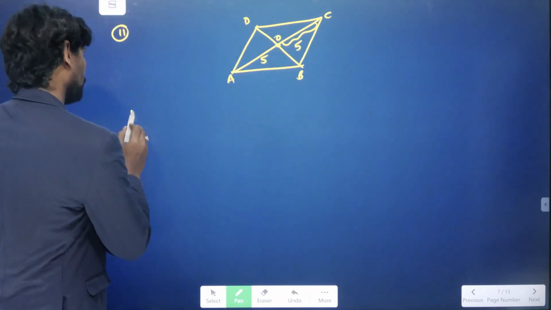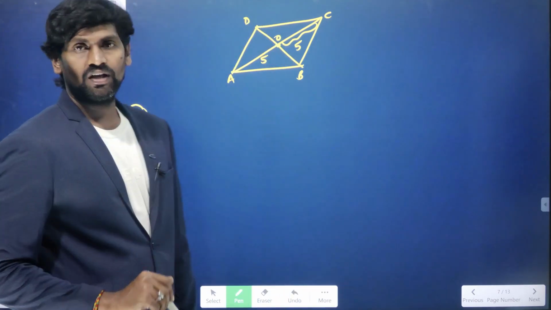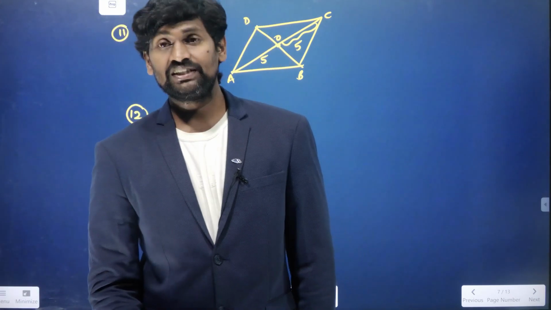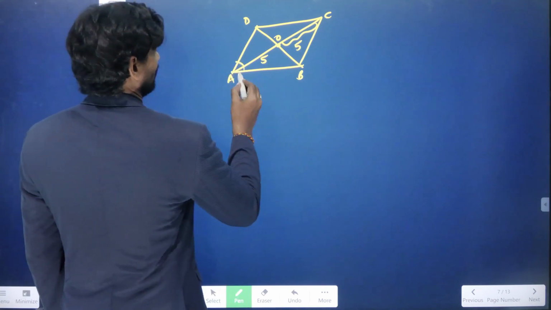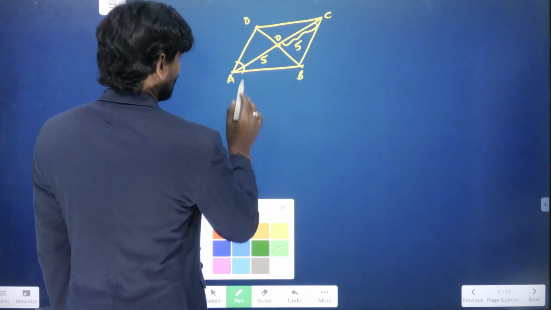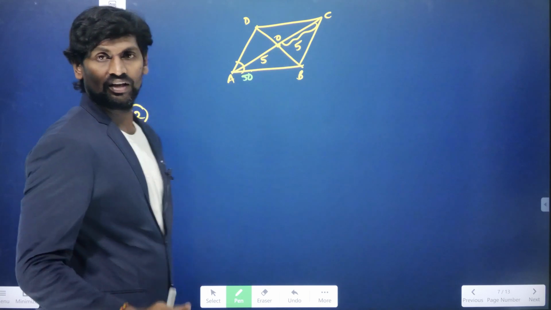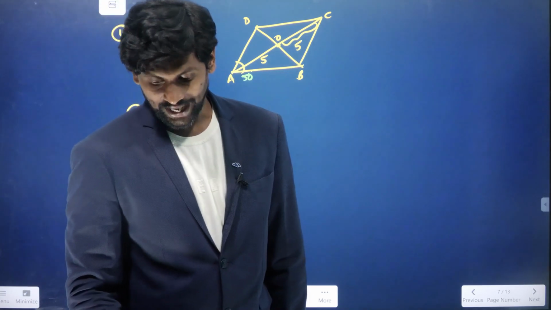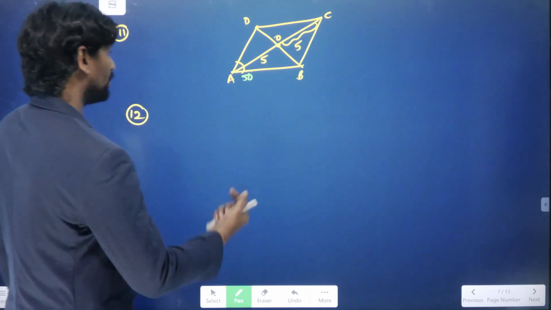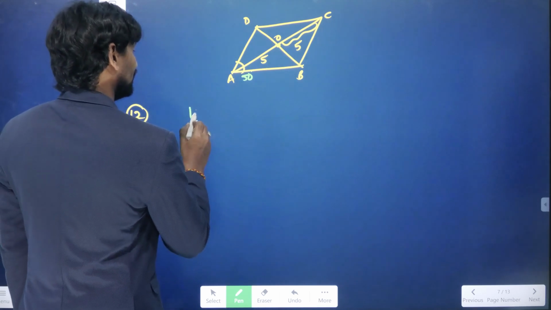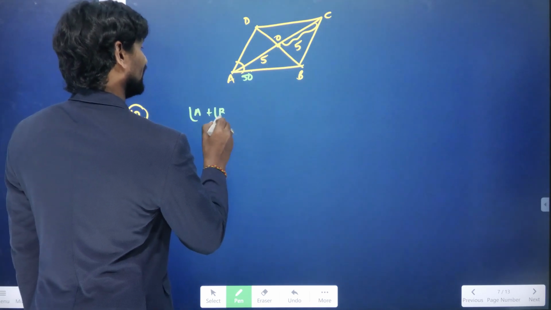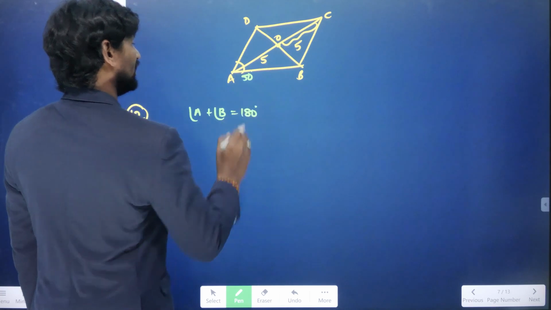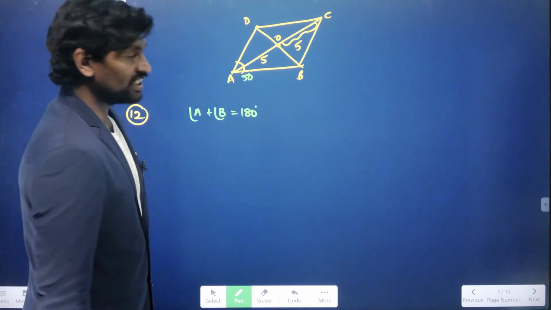Let us move on to problem number 12. ABCD is a parallelogram. Same diagram I am going to take. Angle A is 50 degrees, and we need to find angle B. We know the parallelogram property: the sum of adjacent angles of a parallelogram is supplementary, that is 180 degrees.